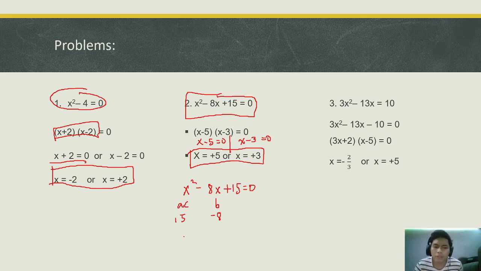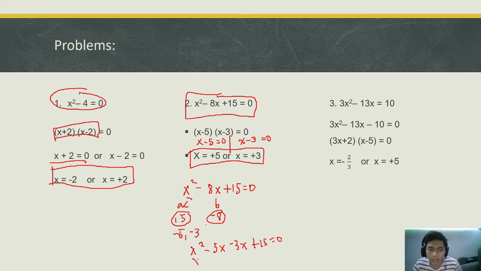So obviously, the two factors would be negative 5 and negative 3, right? So therefore, negative 5 times negative 3 is positive 15. Negative 5 plus negative 3 is negative 8. Therefore, you can have that as x squared minus 5x minus 3x plus 15 equals 0.